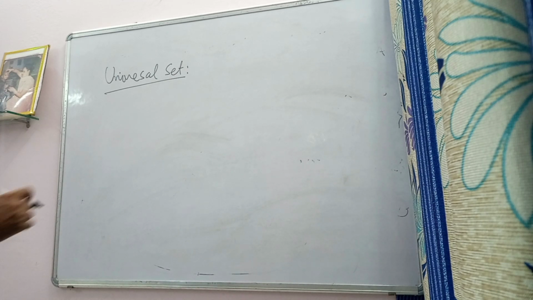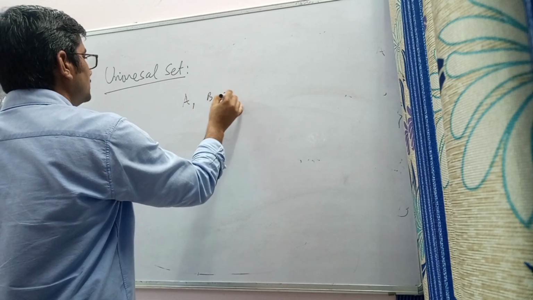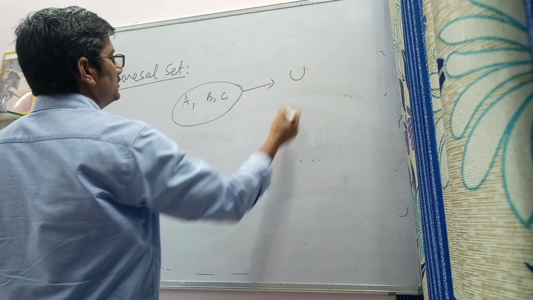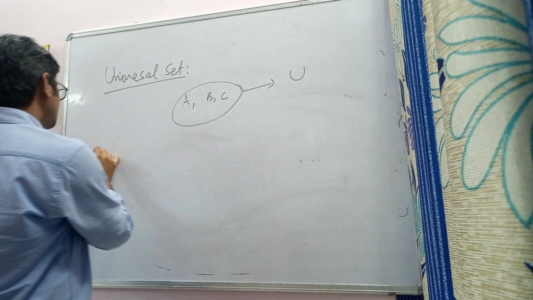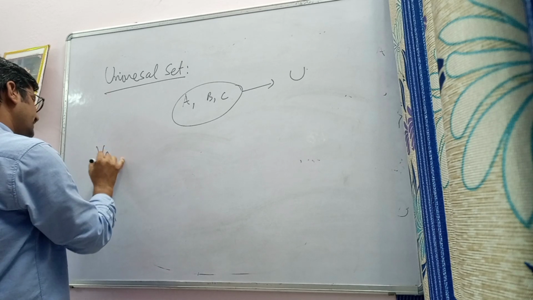Suppose we consider the sets A, B, C. These are taken from a fixed set, say U. The universal set is discussed.